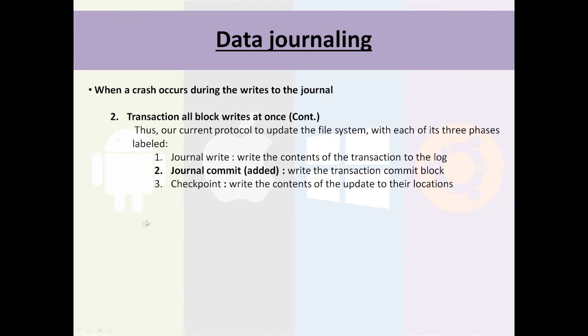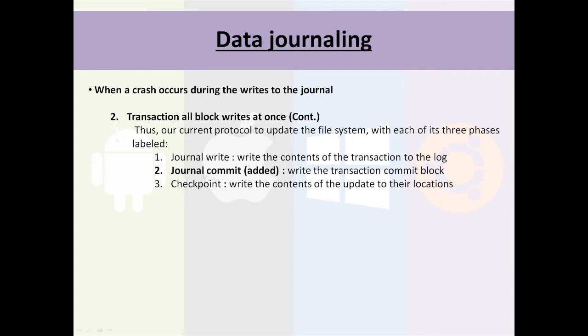So now how does our transaction process, or our writing to disk process, look like? Well, first we do our journal write like we did before. Okay, and we write the contents of the transaction to the log. That was our bitmap, our inodes, and our data.